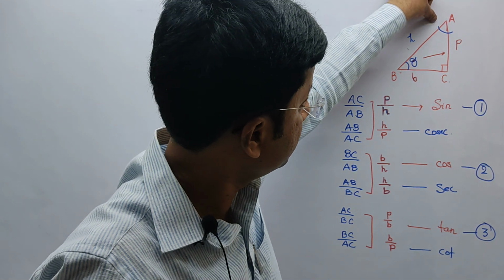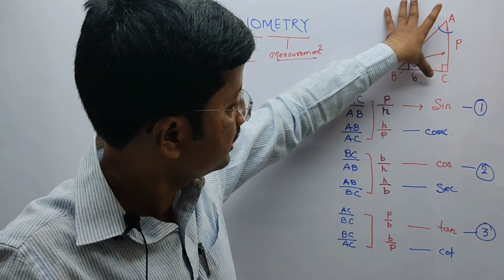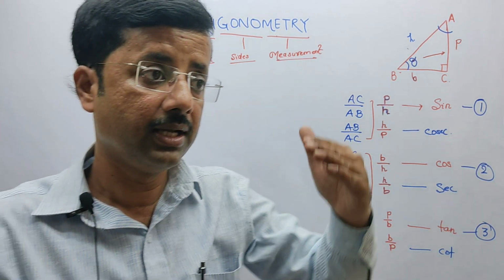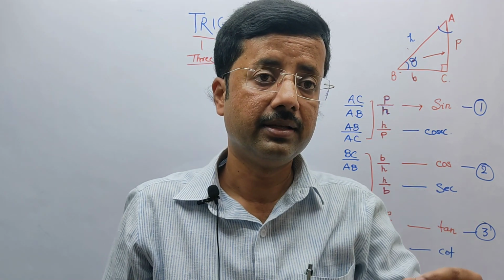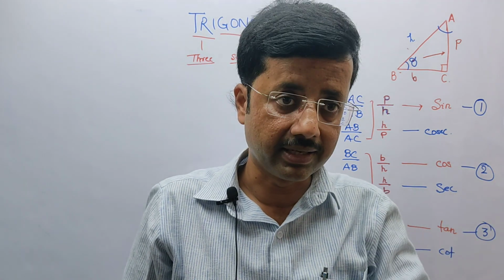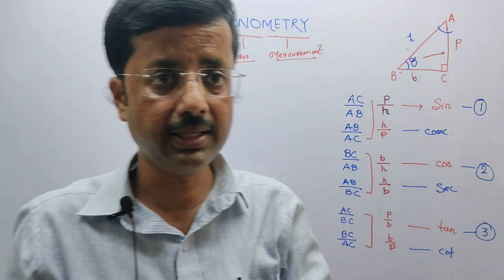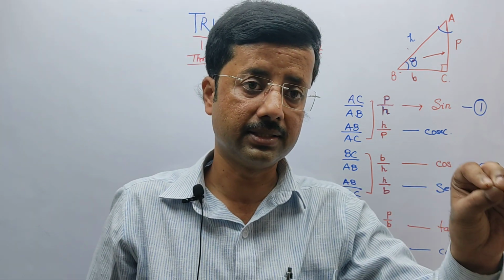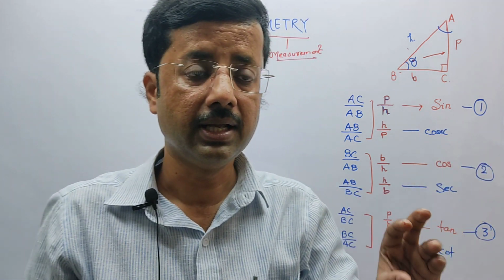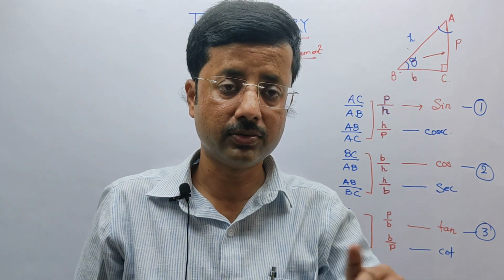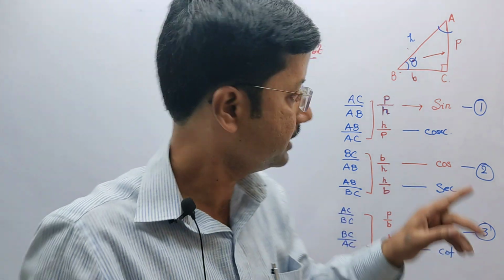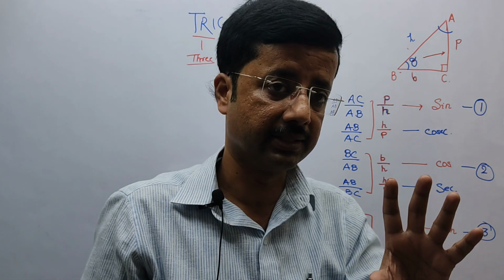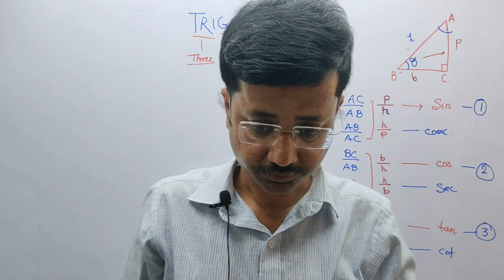For this angle A, the perpendicular will be BC. The side in front of the angle which we are taking is considered to be perpendicular, and the side adjacent to the angle, adjacent meaning along with that angle, is considered to be the base.